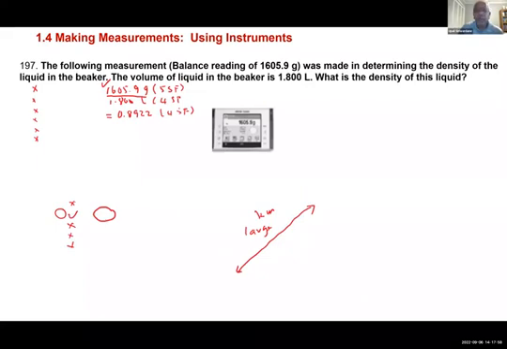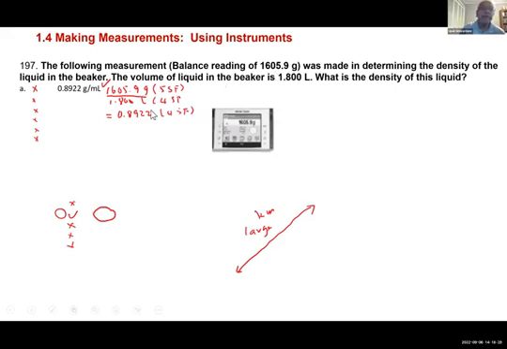So when you have a calculation, a balance showing 16.059 grams and a beaker used to measure liquid volume in liters, 1.8. So it's 4 significant digits for the volume here, 4 here, 5 here.